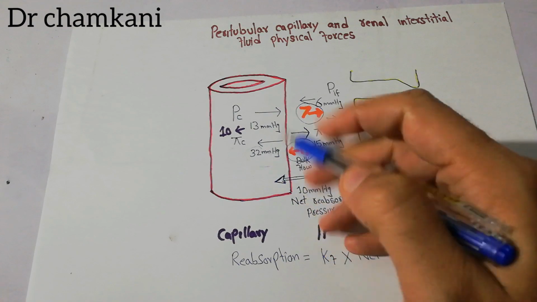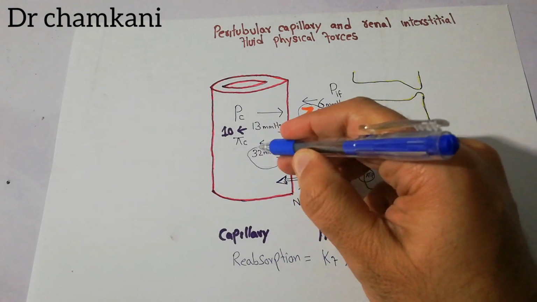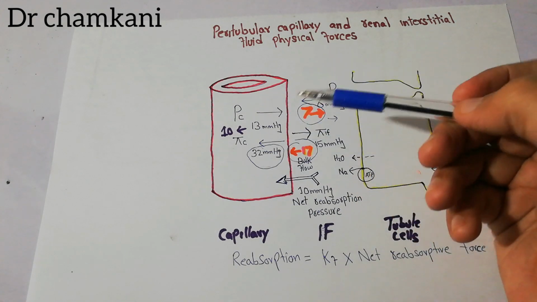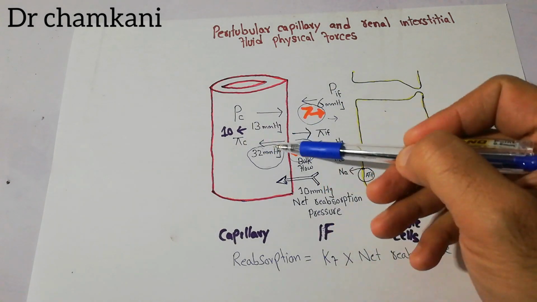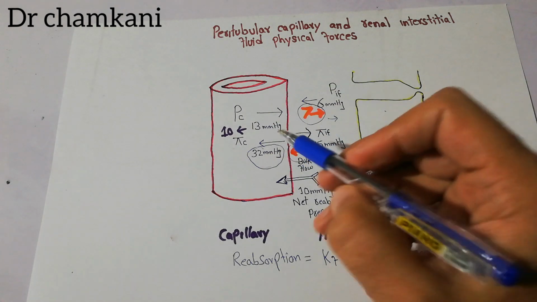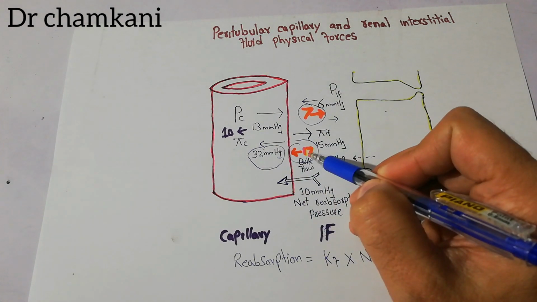So this is a big force. The proteins present in the blood in the peritubular capillaries are exerting a big colloid osmotic pressure towards the peritubular capillaries, and this force makes it 32 minus 15, which is 17 millimeter of mercury.